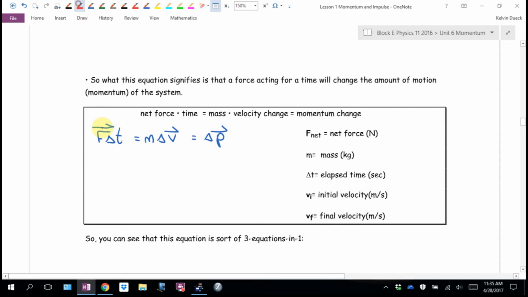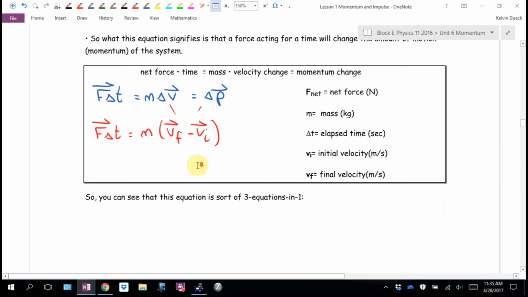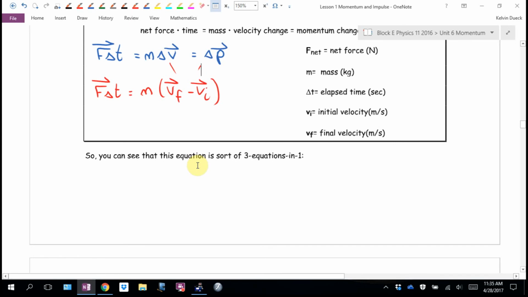Also, you can think of this as force times time equals m v final minus v initial, because that's really what those break down into, final minus initial, change in. So I wrote here, this is sort of 3 equations in one, and it is.